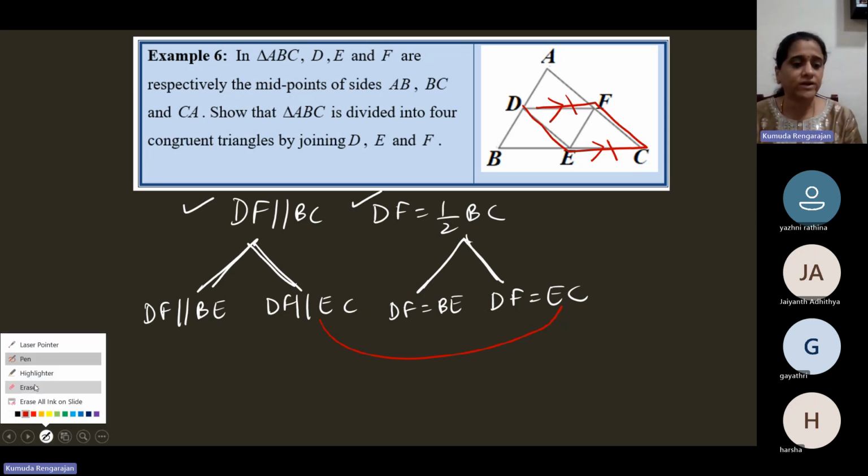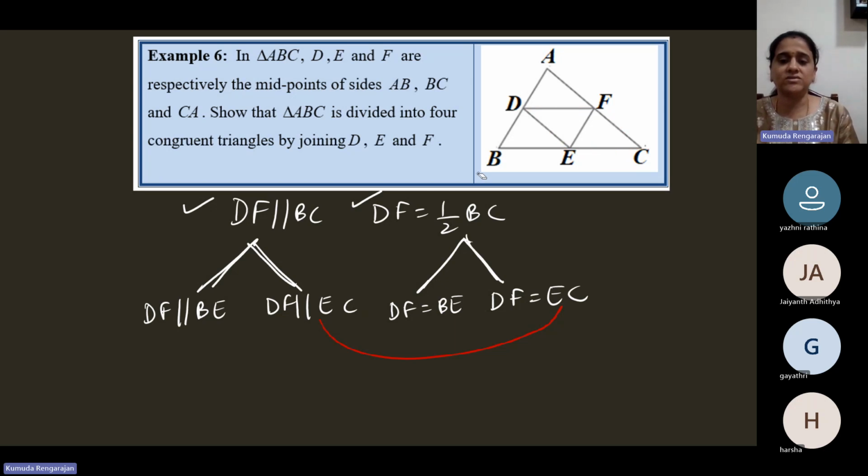And then to prove that ADEF is a parallelogram, we need to again use the midpoint theorem. There you will get DE is parallel to AC. D is the midpoint of AB, E is the midpoint of BC.